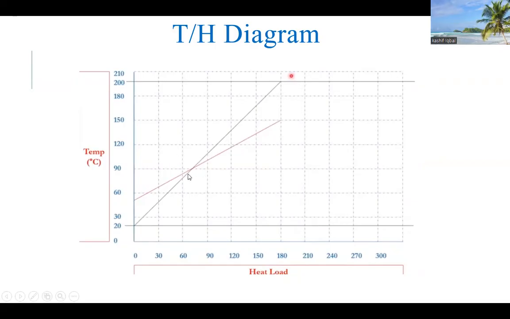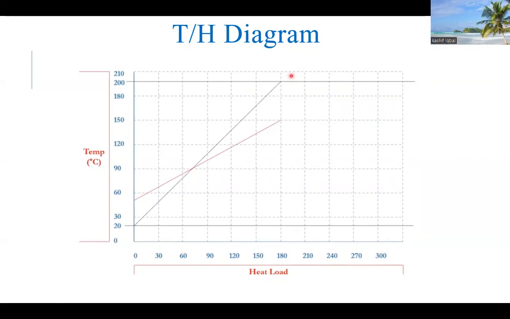But we can see here that the hot stream and the cold stream are crossing each other, which is basically a violation of the basic laws of thermodynamics. So we need to change or shift the cold stream so that there must be a temperature difference between both the streams. So how will we do it?